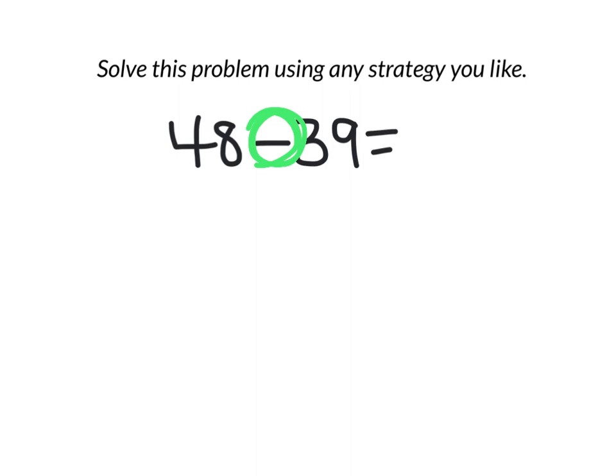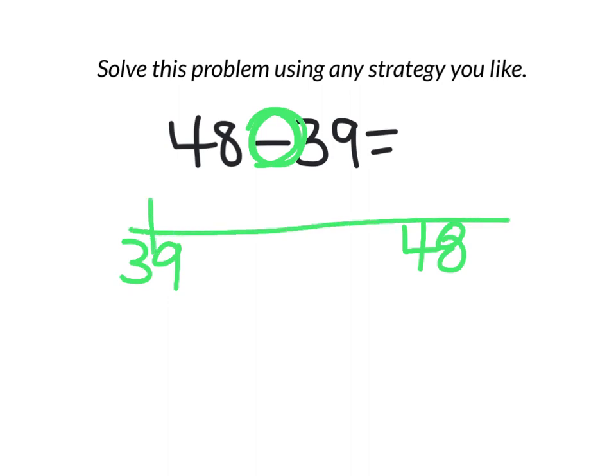So when I looked at this problem, the first thing I noticed was that 39 and 48 are really close to each other. Like here's 39 and here's 48. They're super close to each other on a number line. So I'm going to use the number line method and I'm counting up. First, I plan on getting to the next friendly 10.